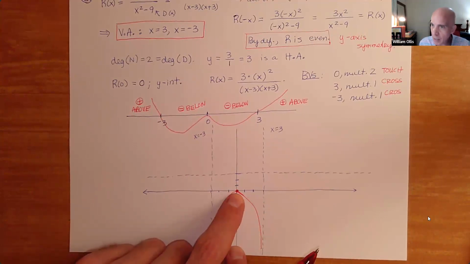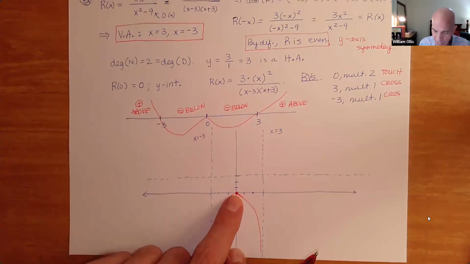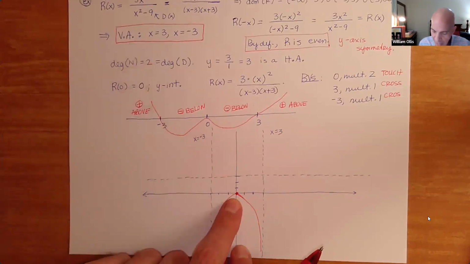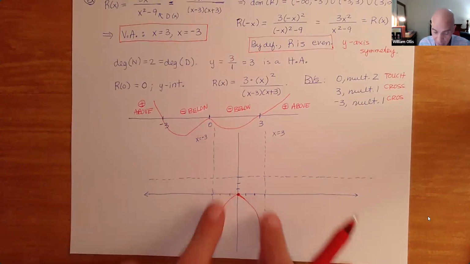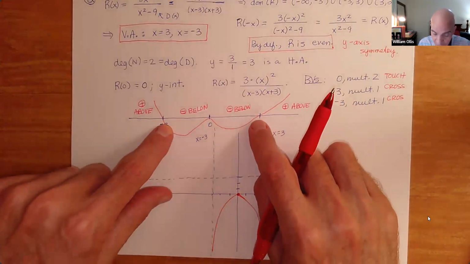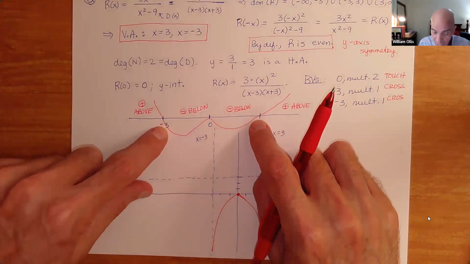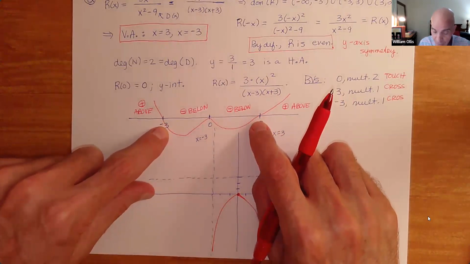We hit the x-intercept. We can't hit any other place because that's the only 0. And again, the sign does not change. Just like we have here, the sign does not change. It's multiplicity 2, even.